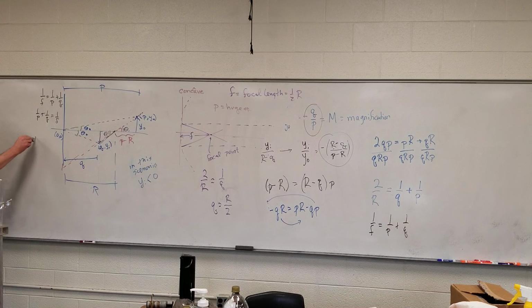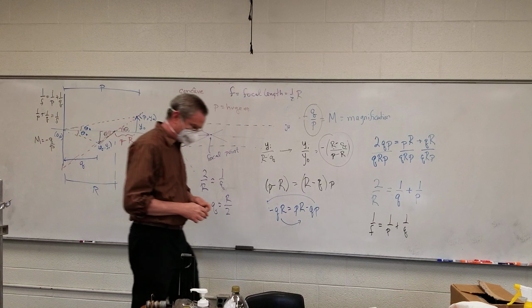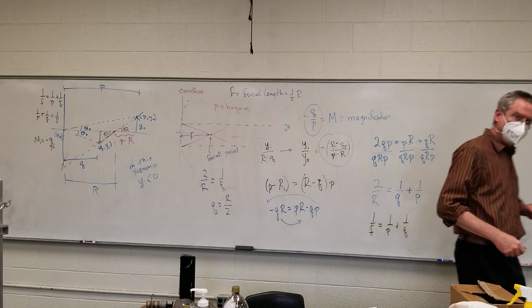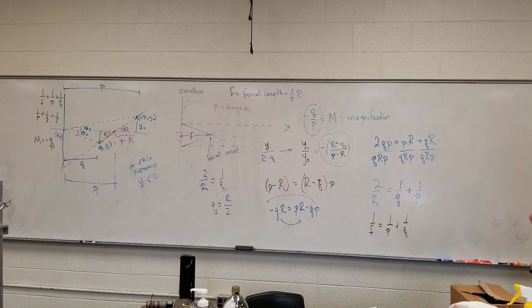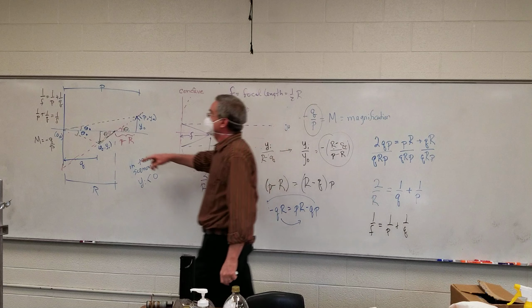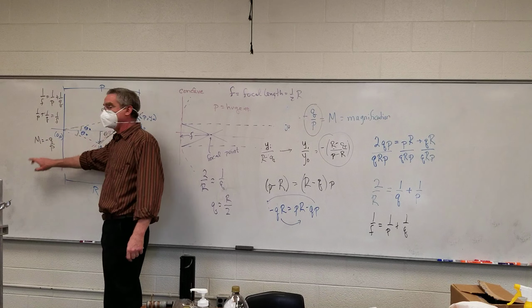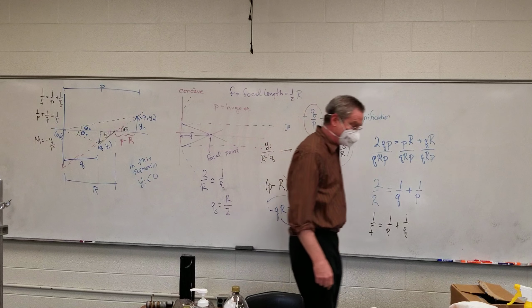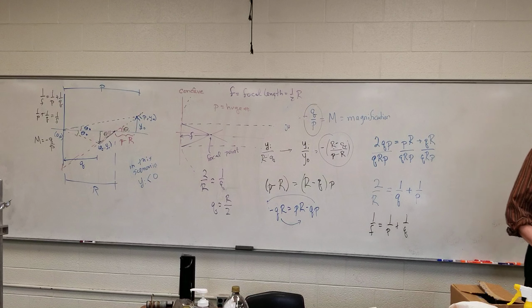And our magnification is negative Q over P. These two formulas, the 1-over formula and the magnification formula, actually apply to thin lenses as well as mirrors.